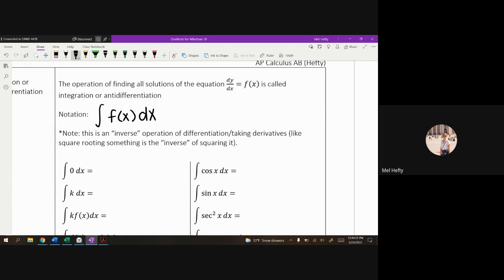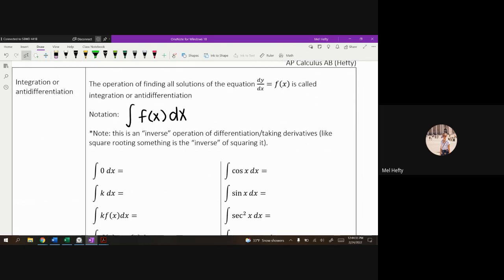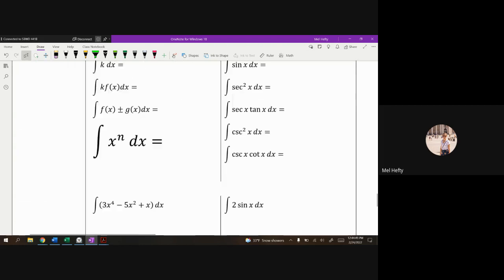It's the same thing with no bounds. So this is called an indefinite integral. Again, we're using the word integral and antiderivative relatively loosely the same. There's slight differences in how you would talk about them, but for the purposes of this class, they're going to be essentially synonyms.